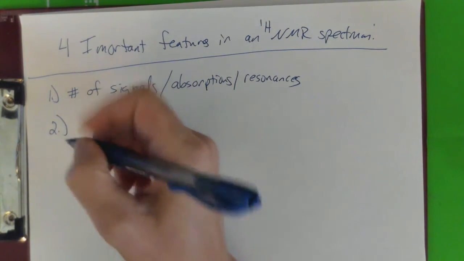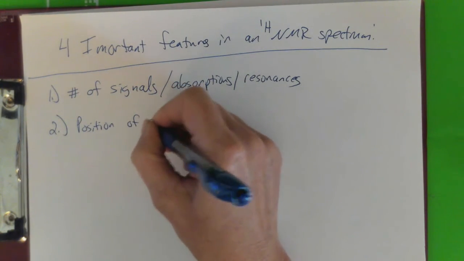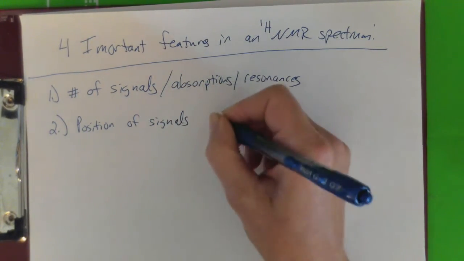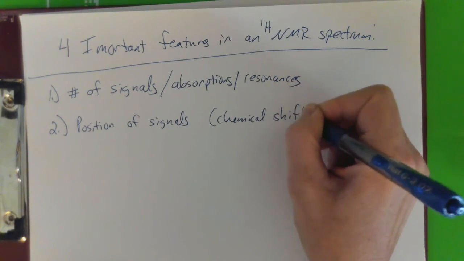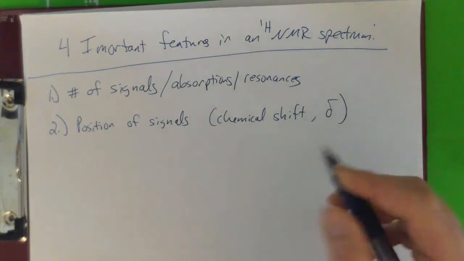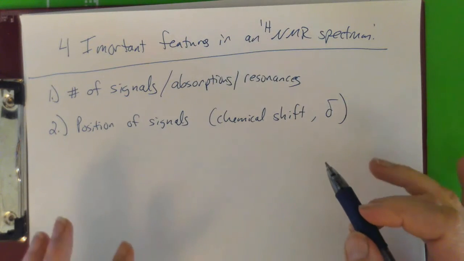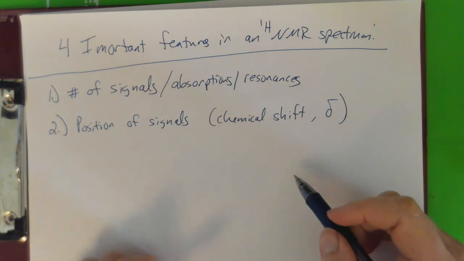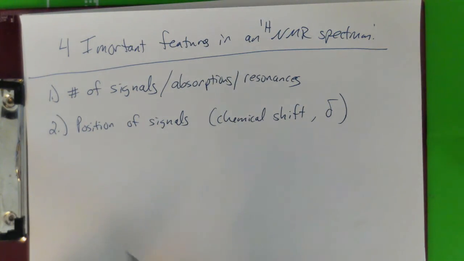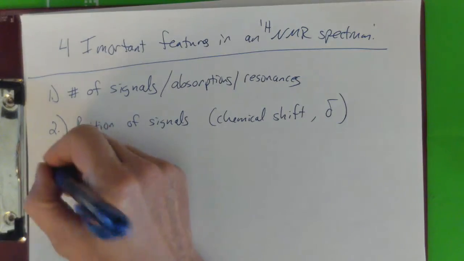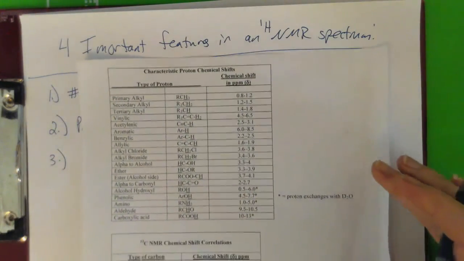The second important feature is the position of the signals. So this is the chemical shift, okay, that little delta. This tells us if the hydrogen is near a functional group. We can deduce that based on where the chemical shift is. And on your exams, you're going to be given a chemical shift table.